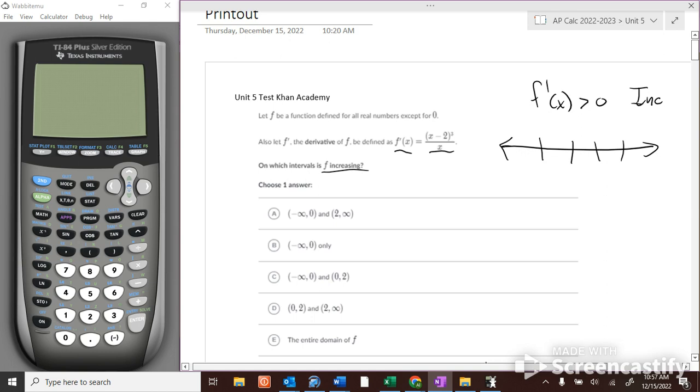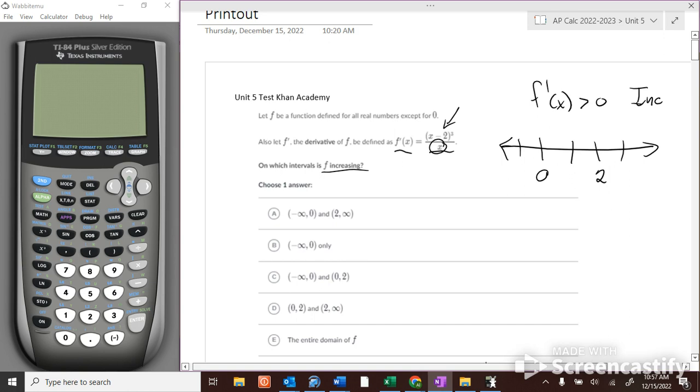There are some critical numbers. If we set this equal to 0, we get a critical number of 2. The denominator has an asymptote, so that acts like a critical number. So 2 and 0 are our important numbers. And if you look down here, everything's 0 or 2. That gives you a little idea what's going on.